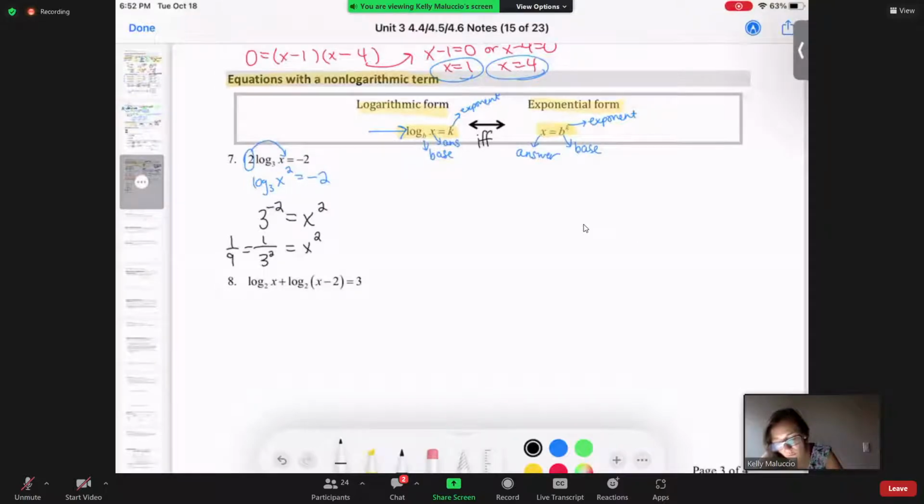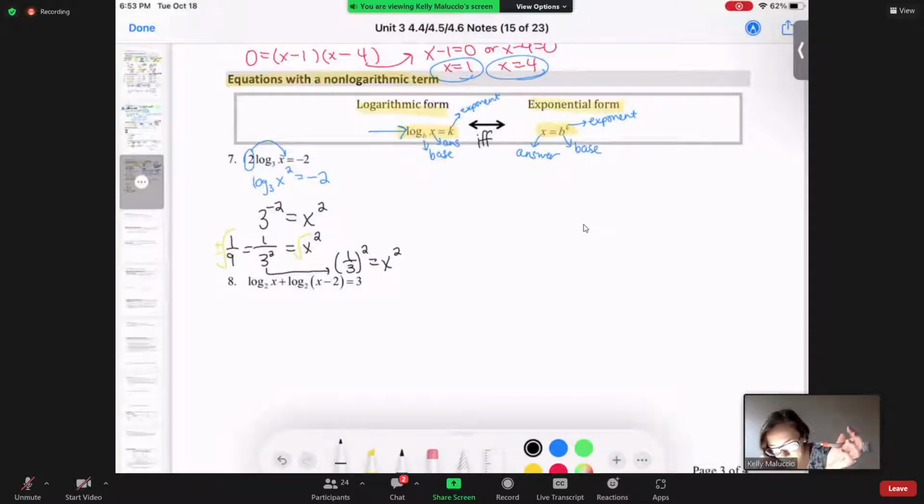I could say plus or minus the square root, or I just know that this 1/3 squared, this is the same thing as 1/3 squared, and it's equal to x squared.